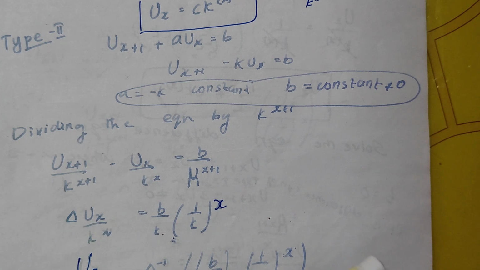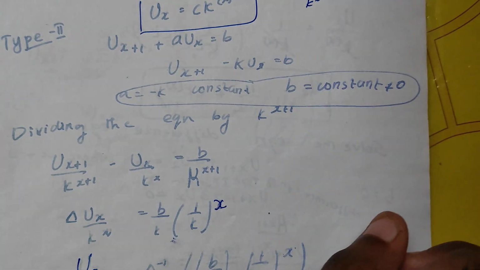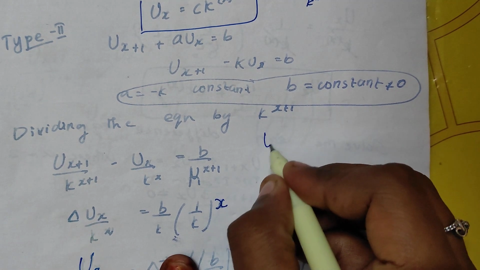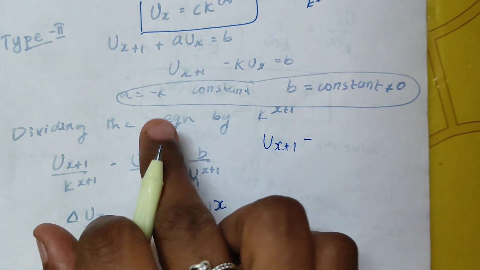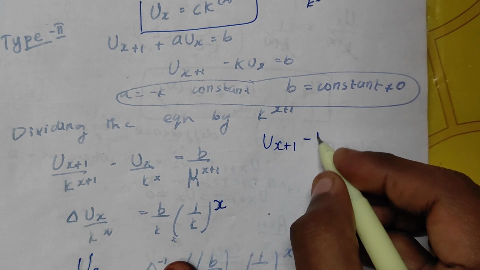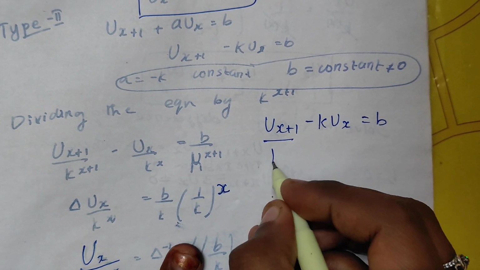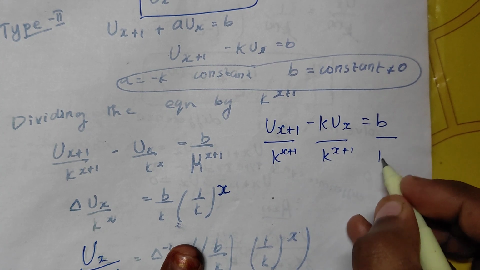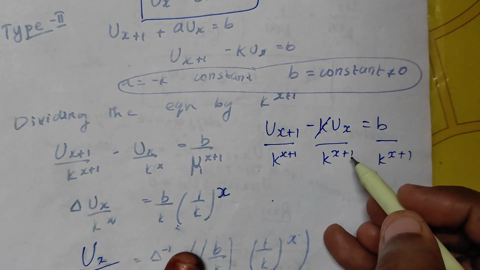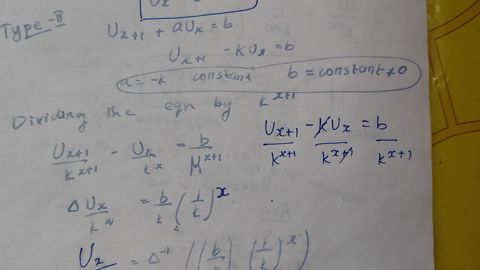Here the k and this k will cancel, since k power x plus 1 means k power x into k.